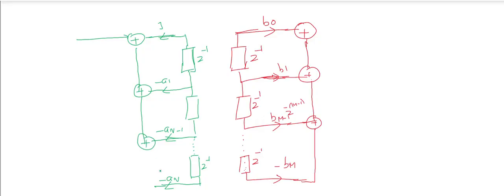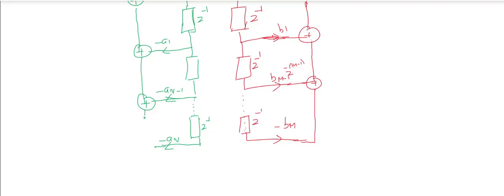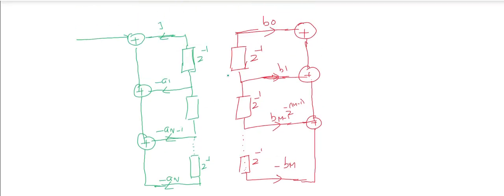By rearrangement, the delay elements are reduced. That is the concept for this structure. We are going to reduce the number of delay elements by using this structure. Here also we can do it: X of Z, and this is Y of Z. We are going to connect these two.